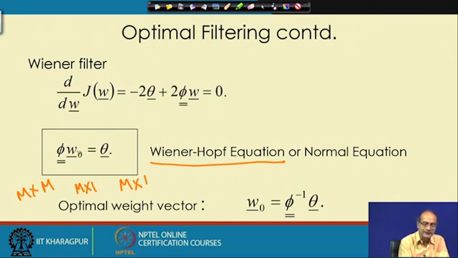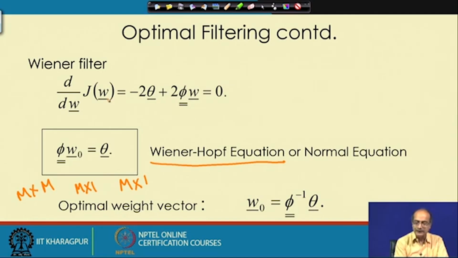Here we added the suffix 0 just to indicate that this is the optimal weight, or the tap weight which gives the minimum of the error function J w.